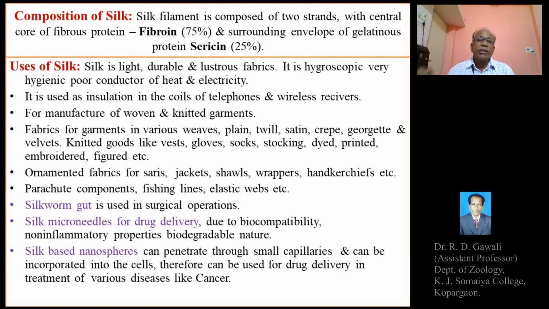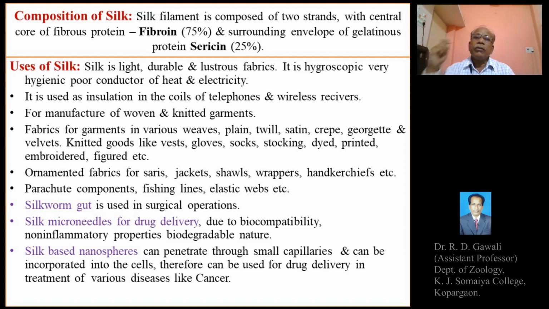So along with these silk-based nanospheres, they serve as a carrier of different medicines, since they are having ability to reach into the cells, enter directly into the cells, and that's why these silk-based nanospheres can be used for the drug delivery in the treatment of various diseases like cancer.